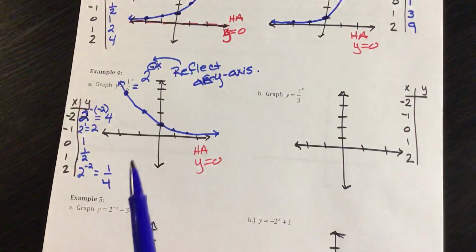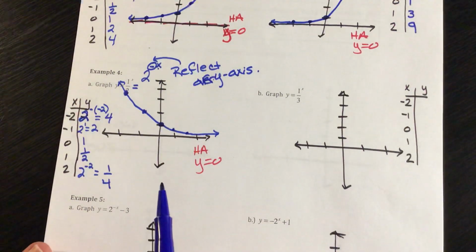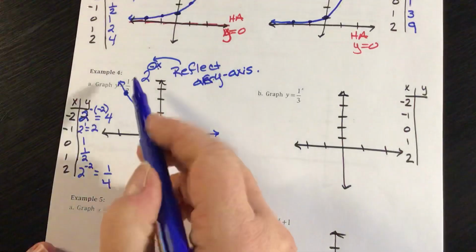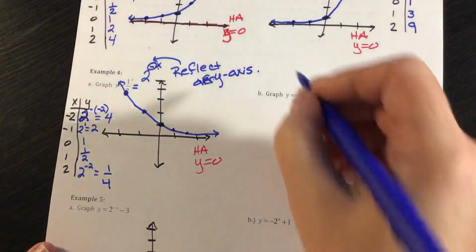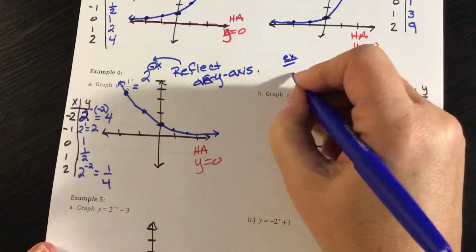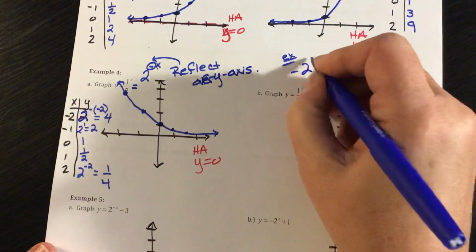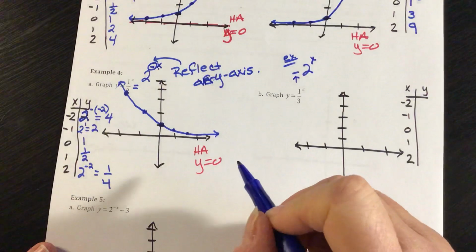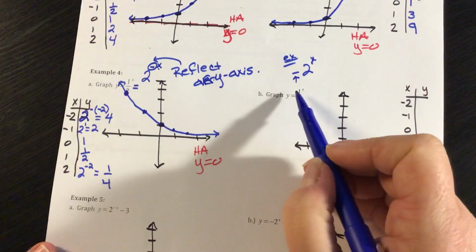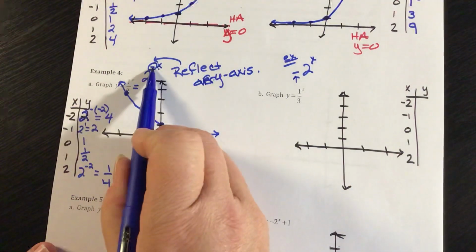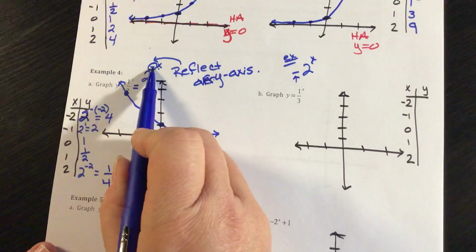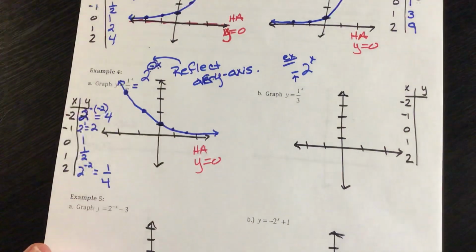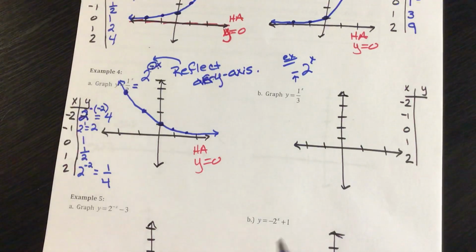Okay, if I have the negative outside, for example, if I have -2 to the x power, this is going to tell me to reflect over the x-axis, or to turn it down. Okay, this tells us to flip it over. So there's a difference of where I have my negative here in terms of which direction I flip.